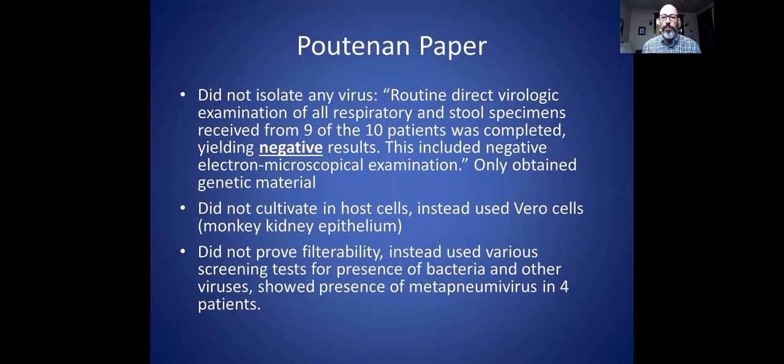So what they did was they performed all of these different tests, mostly genetic tests or antibody tests, to screen out for the presence of other bacteria or viruses that are known to cause disease. And in this case, they actually found metapneumovirus in 4 of the 9 patients, which definitely confused the issue. So once again, in the Putanen paper, they did not prove any of the 3 criteria as claimed.